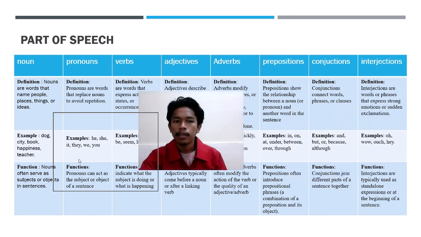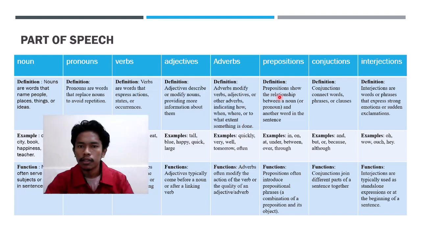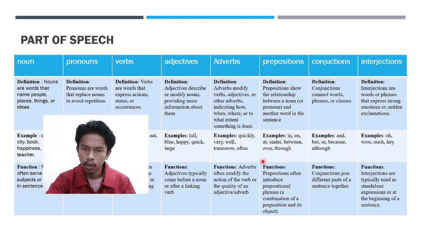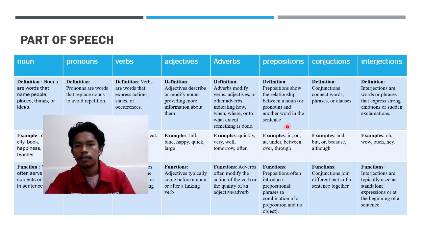A preposition shows a relationship between a noun or pronoun and another word in a sentence. Examples: in, on, at, under, between, over, and through. Prepositions often introduce prepositional phrases, a combination of a preposition and its object. You got the point, right?